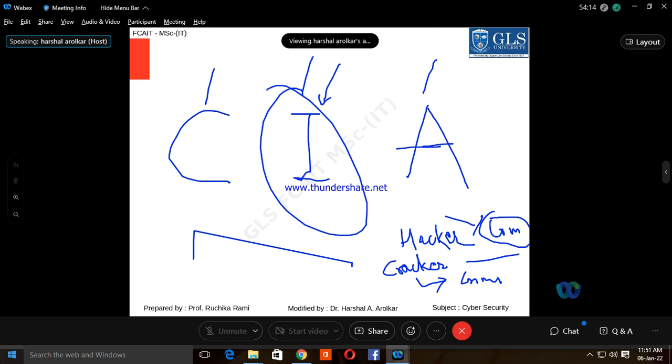But as soon as I give you the video, as soon as you are able to see the gestures, now this also could be recorded. Yeah, there's a possibility. But at this juncture, if I want to prove that Harshal Arolkar is the only one taking the session, that integrity level is there.